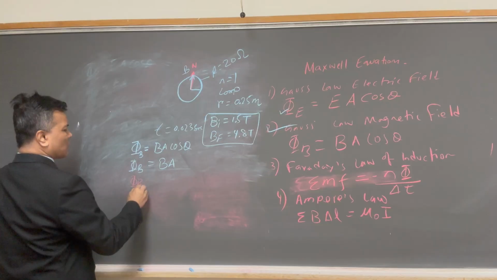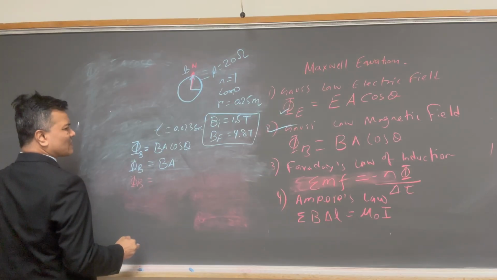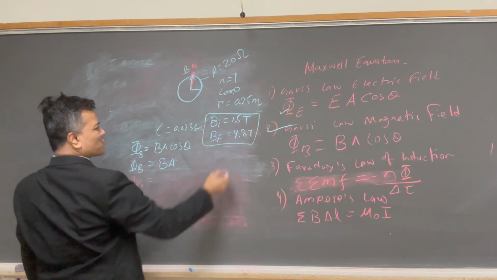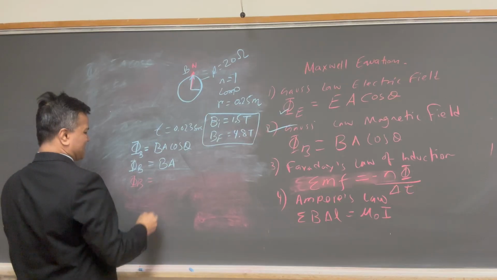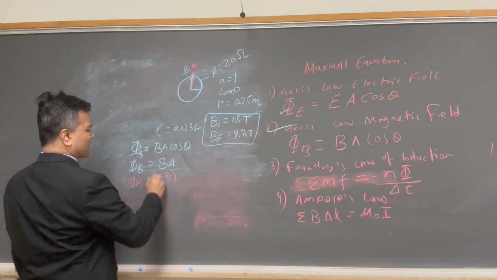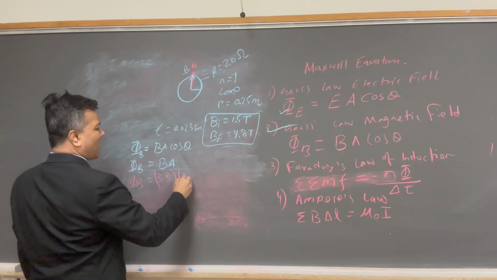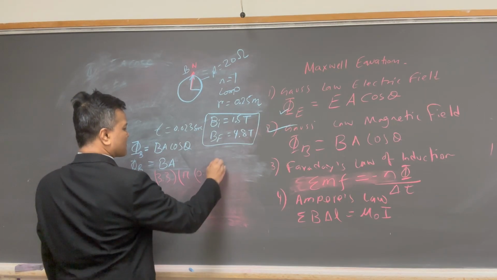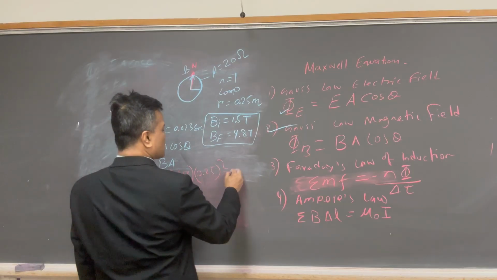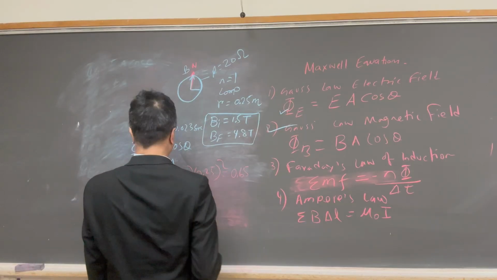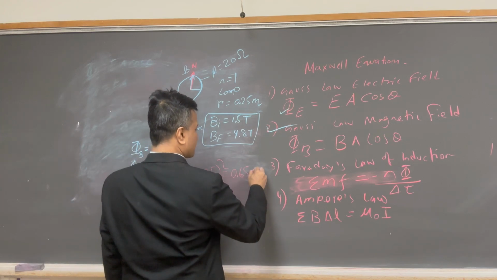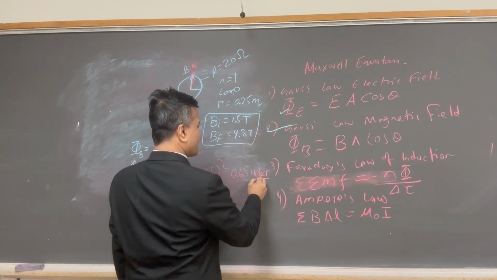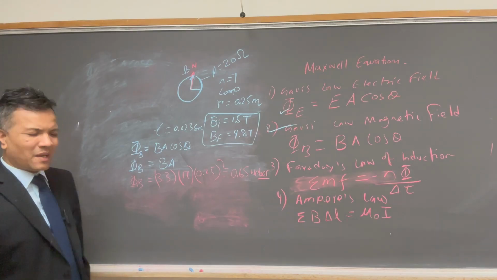Then we can conclude that B is 4.8 minus 1.5, which is 3.3. Pi r squared, 0.25 squared. So this is 0.65 Weber. Weber is the SI unit for magnetic flux.